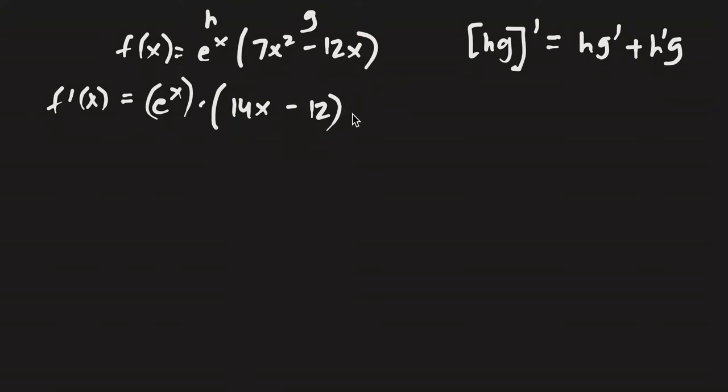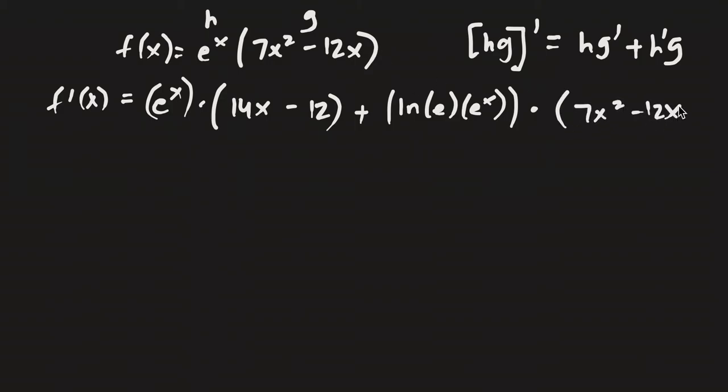Then you add that to the derivative of h, which is e to the power of x, and using the exponential rule, this becomes the natural log of e times e to the power of x, times 7x squared minus 12x, just leaving this alone.